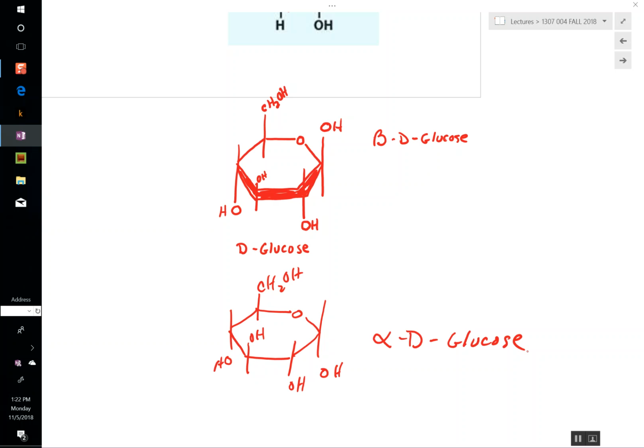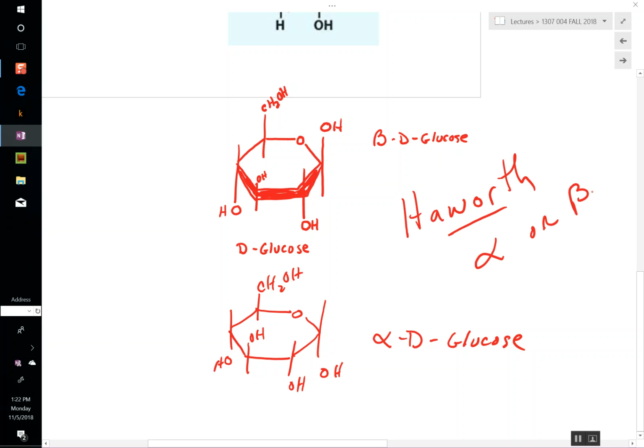And that is alpha D-glucose. These are Haworth projections, and it's only with Haworth projections that you start seeing alpha or beta, depending upon where that OH is on carbon number 1.